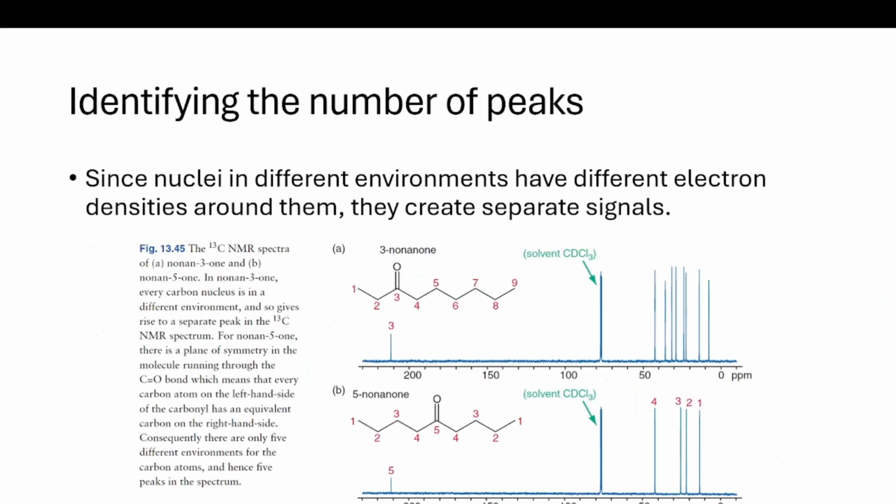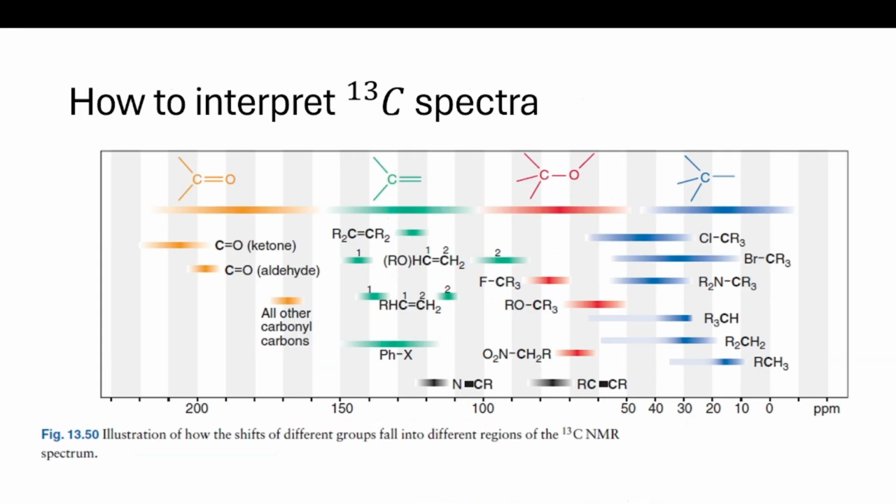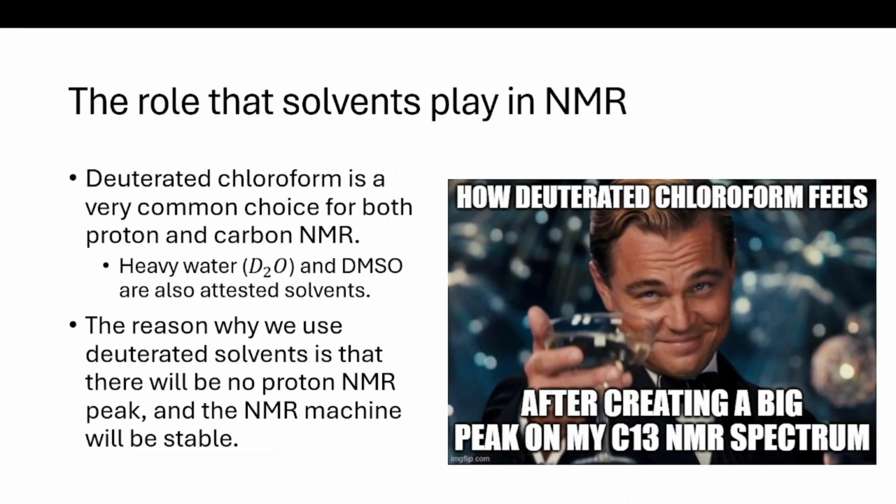Now, if I go back to some of these original NMR spectra, like take for example carbon-13, we can see that there's a specific peak associated with CDCl3. CDCl3 is just deuterated chloroform. And it's a very common choice for both proton and carbon NMR.